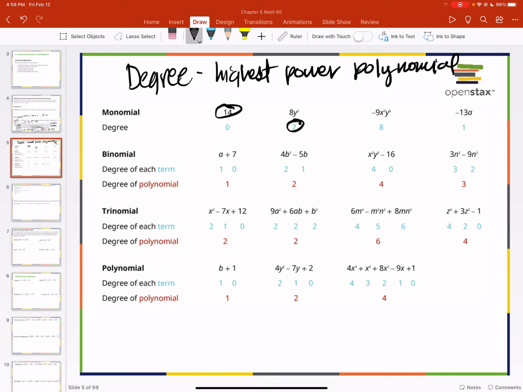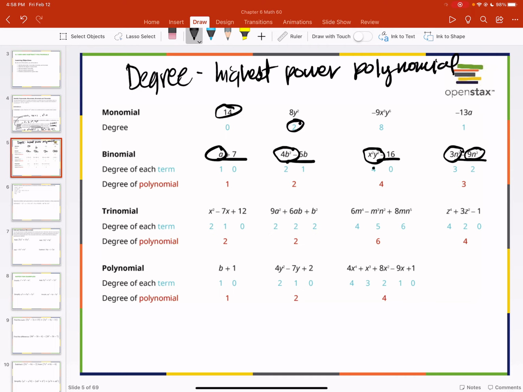And if you have a binomial, so these are two terms, the highest degree of that monomial is 1. This degree is 2. This is a 1. This one has a 2 and a 2, but they're multiplied, so that's why it's degree 4. And then this one is a 3, and the degree of this is 3.